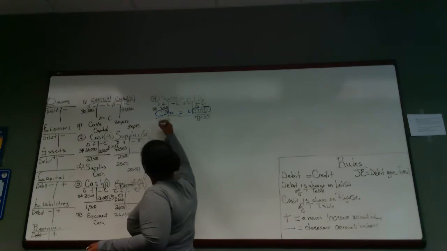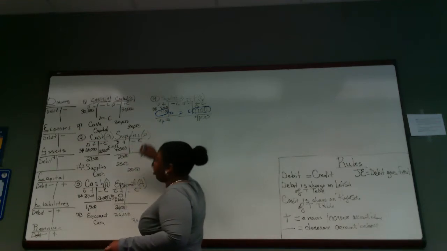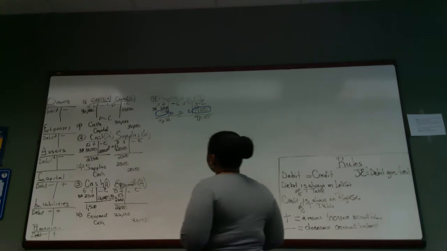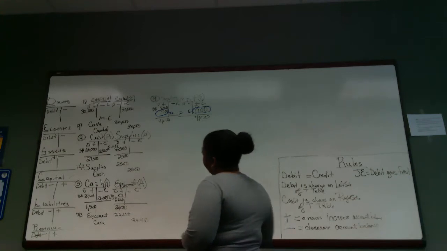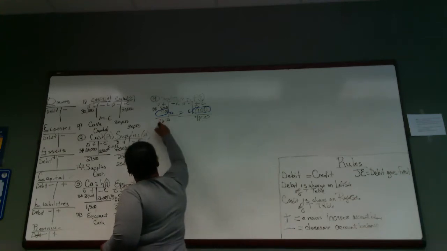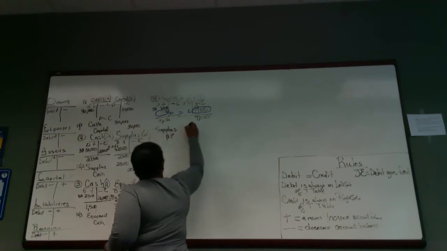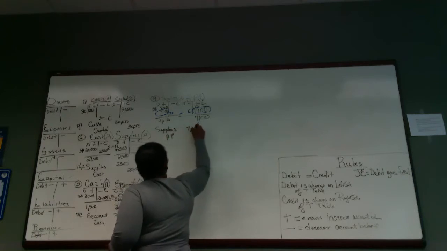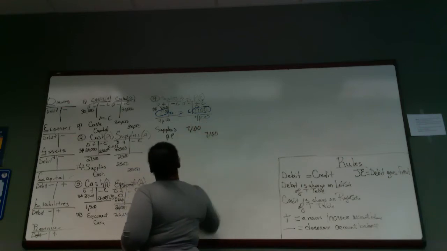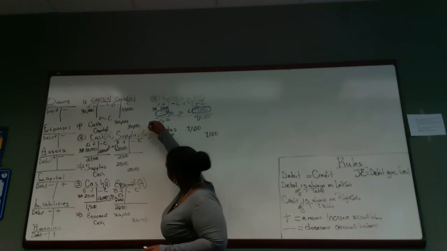So what is my debit so I can create my journal entry? It's surprising because debits always go first. Yep. And there's my journal entry.